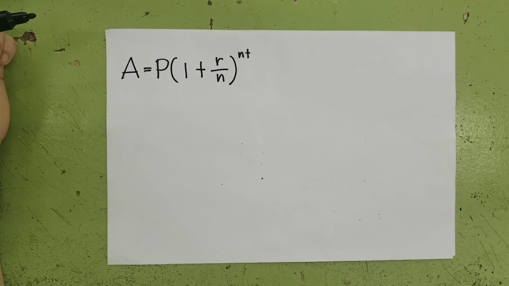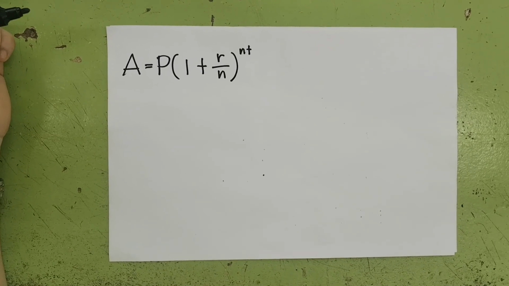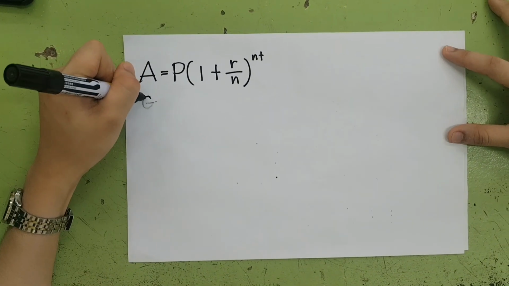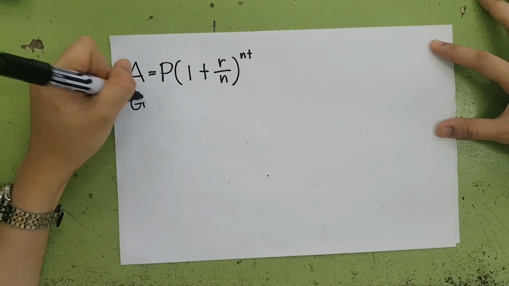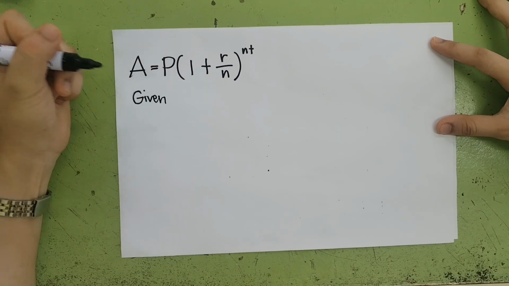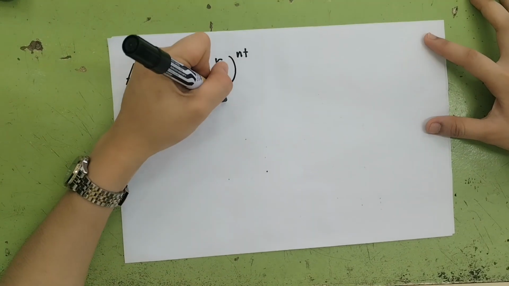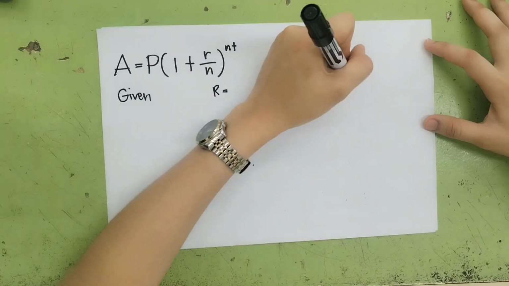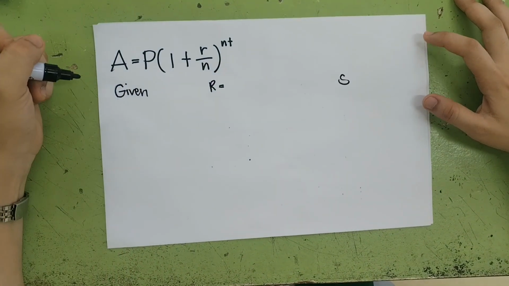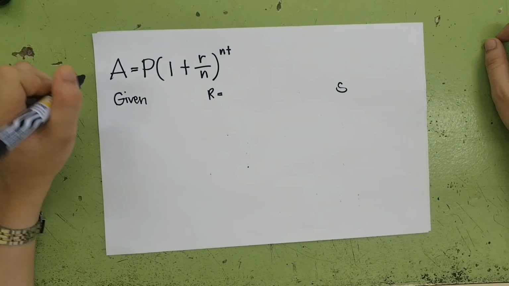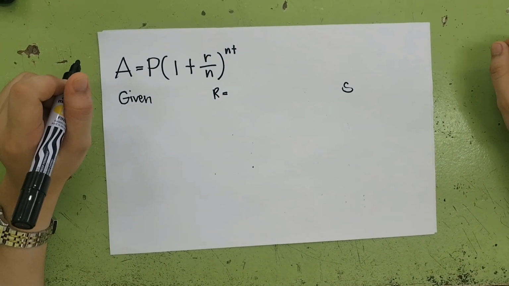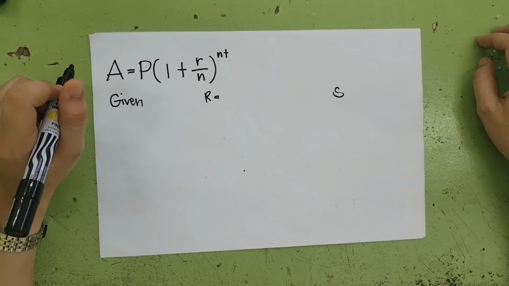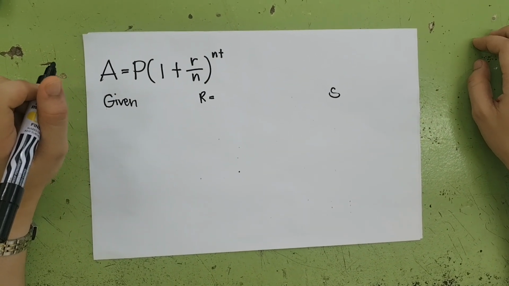Upon solving this problem, we should use the GRS method, where G is the given, R stands for required, and S for solution. And at the end of that, if you come up with the same answer, we will be able to have a conclusion.